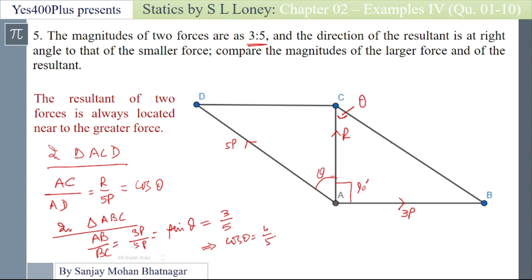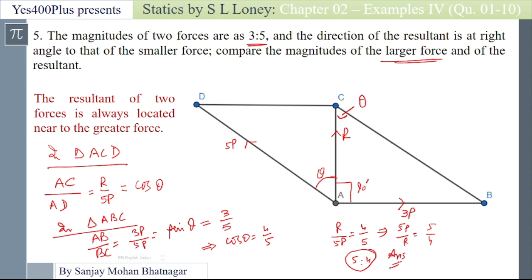Correct. So R by 5P equal to 4/5 और हमको निकालना है रेशियो बिटवीन द मैग्नीट्यूड ऑफ लार्ज फोर्स एंड रिजल्टेंट, मीन्स 5P upon R equal to 5 upon 4. So 5 upon 4. So the required ratio is 5:4.